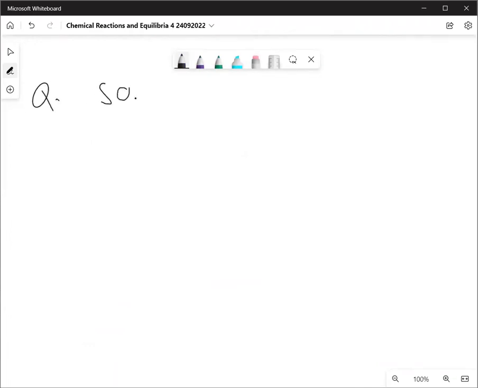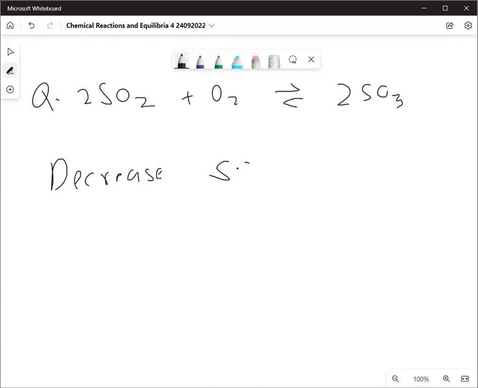Okay. What about this one? Let's say you have again 2SO2 plus O2 gives us 2SO3. What happens if I decrease the SO2 concentration? Which side is preferred?